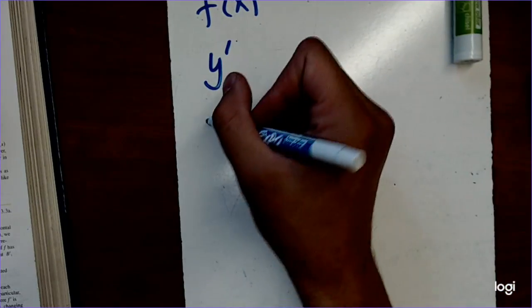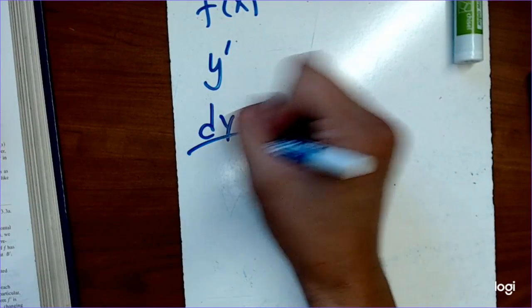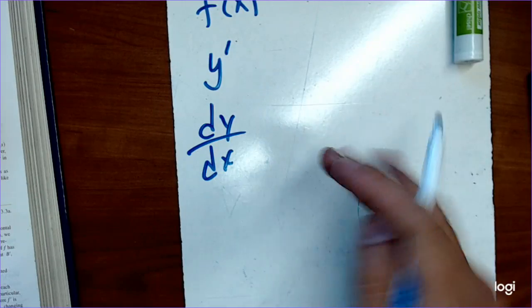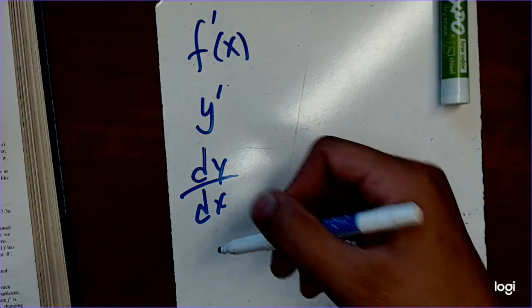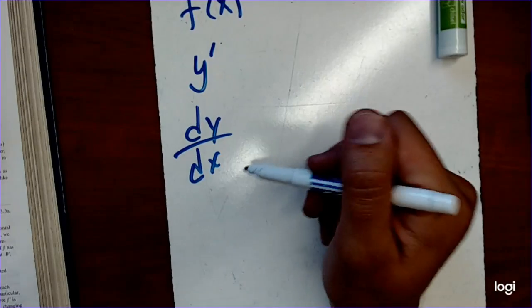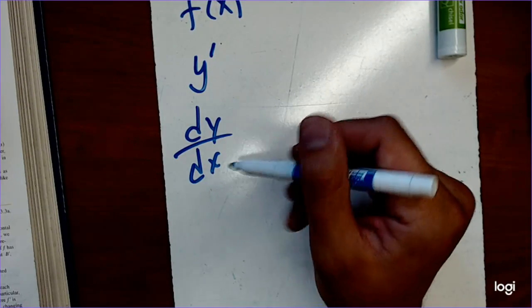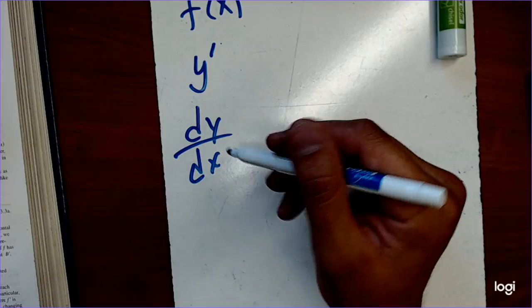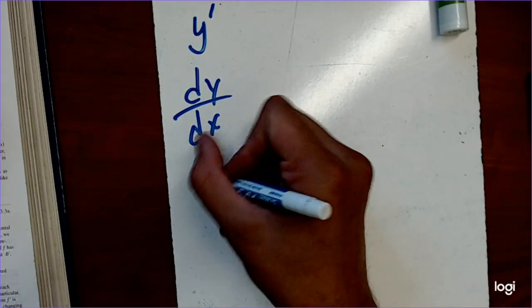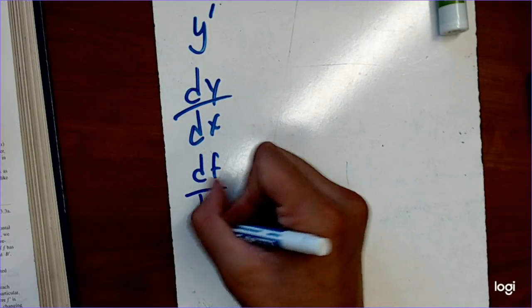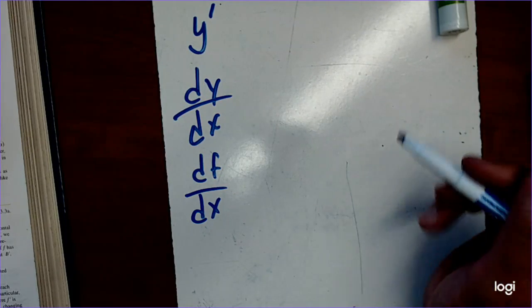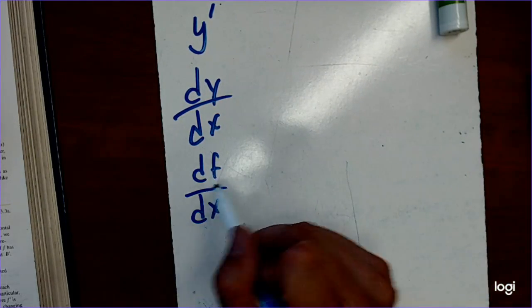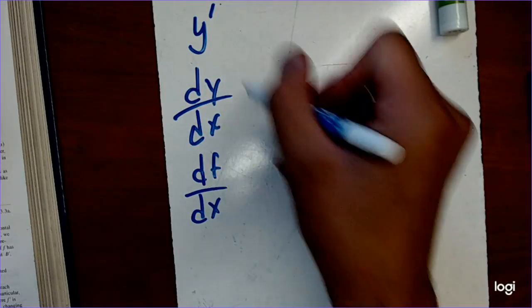Then there's the ever famous dy over dx, derivative of y over derivative of x. That comes from delta y over delta x, because if you remember, these are tangent slopes, right? So dy dx, or the derivative of y with respect to x. Next we have df of dx, read as df dx, or the derivative of f with respect to x, derivative of f referring to the function as opposed to y.